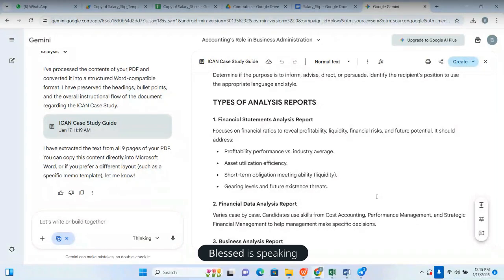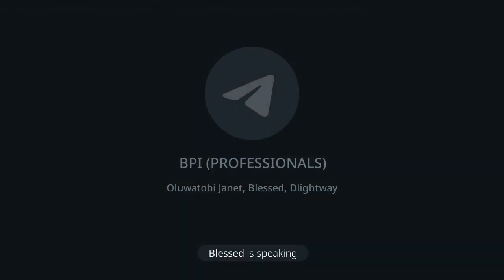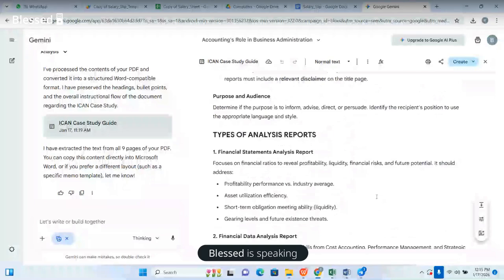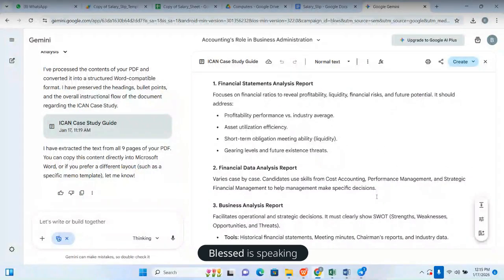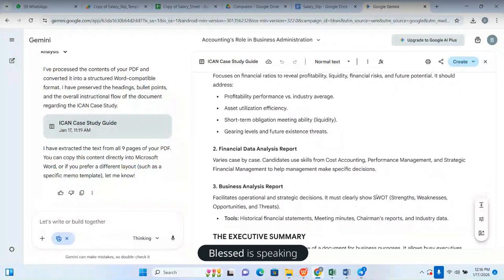So we have financial data analysis. We are talking about types of analysis reports: financial statement analysis and financial data analysis.